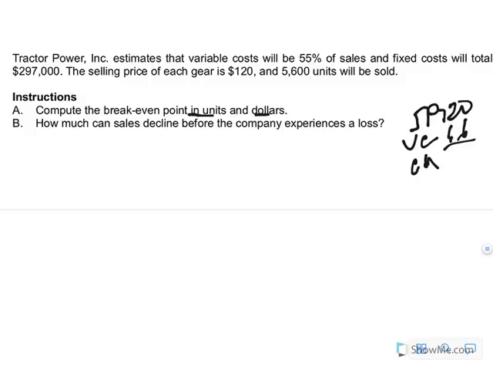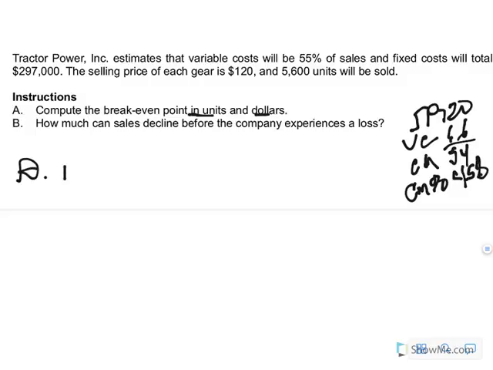Therefore, the contribution margin would be the difference, $54. Now, we know the variable cost is 55%, so the contribution margin ratio is the opposite, which would be 45%. So there we have the data.